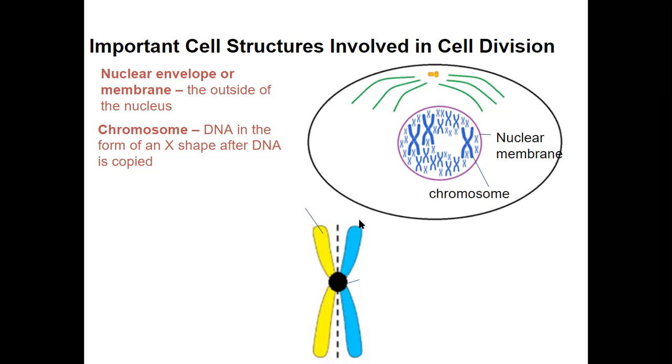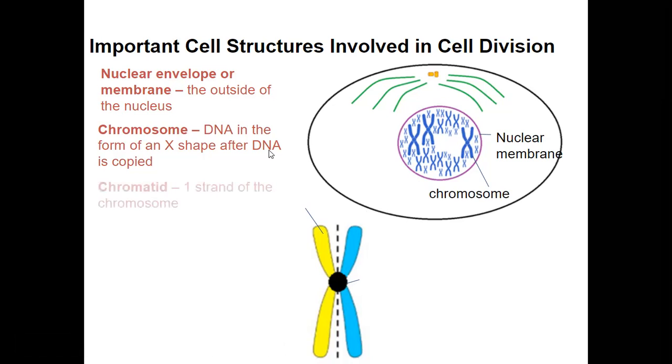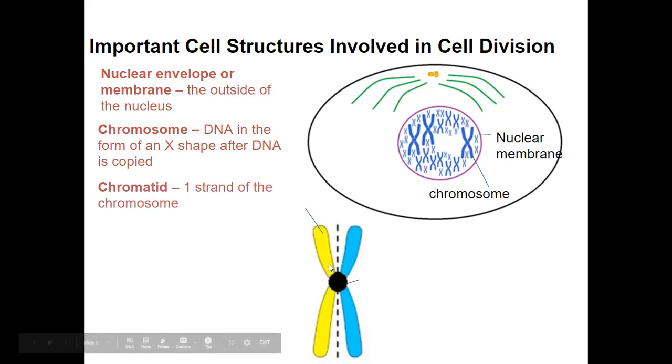Now, if we take a look over here, here is the chromosome, and you can see there's a yellow part and a blue part, and each side is just the same exact information. That's when we copied our DNA when we're about to divide our cells. So each part, the yellow part and the blue part, are called chromatids. They're an exact copy of each other.